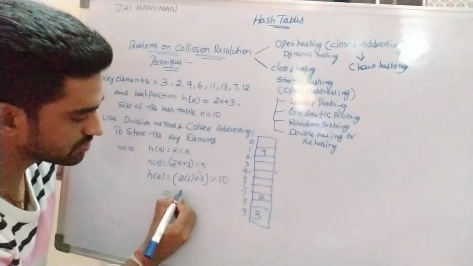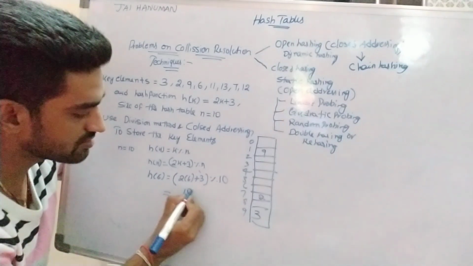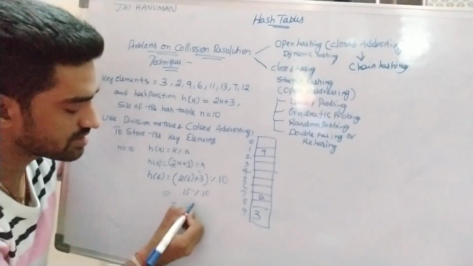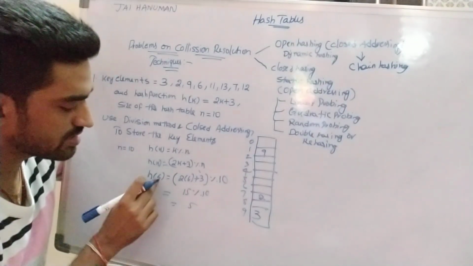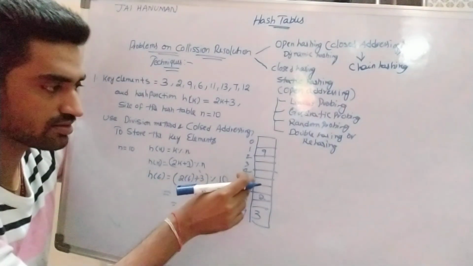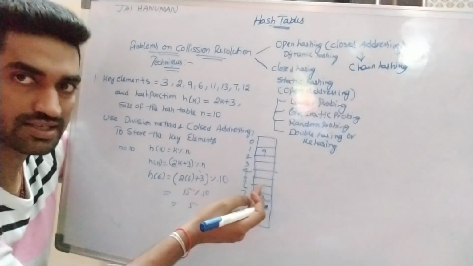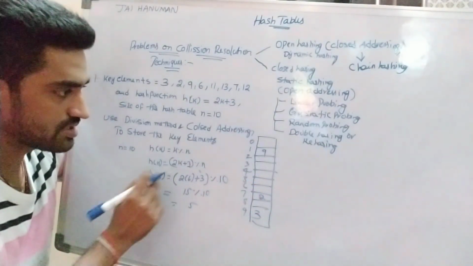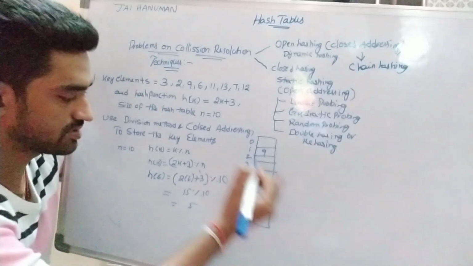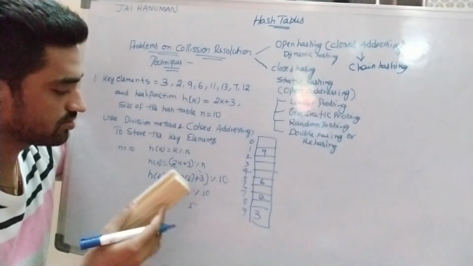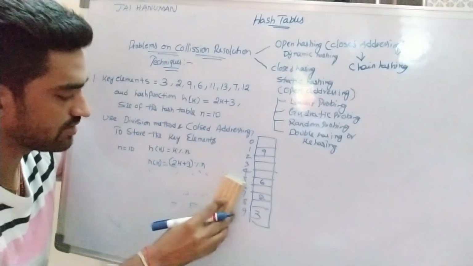So 2 into 6, 12 plus 3, 15. So 15 modulo division of 10. So what is the remainder value? 5. So at 5th position we are inserting 6. So here there is no element. So that's why directly we are inserting 6 at 5th position. Right?